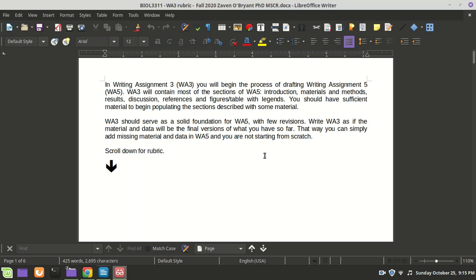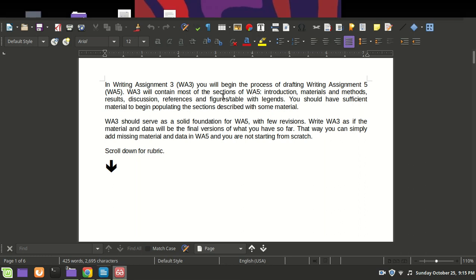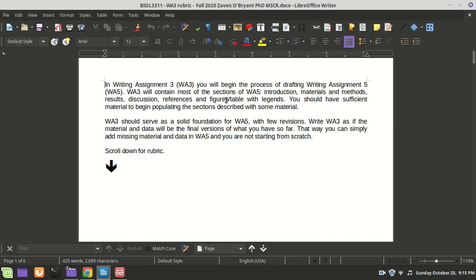Now, WA3 will contain most of the sections of WA5. And so look here: introduction, materials and methods, that's 1, 2, results, 3, discussion, 4, references, 5, figures and tables, 6.